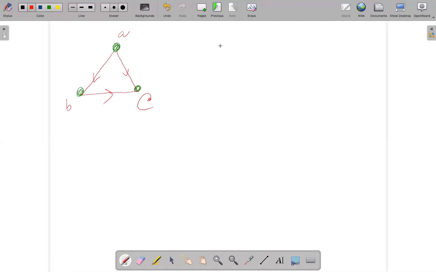Now you can also have a graph which is like this, where edges run in both directions.